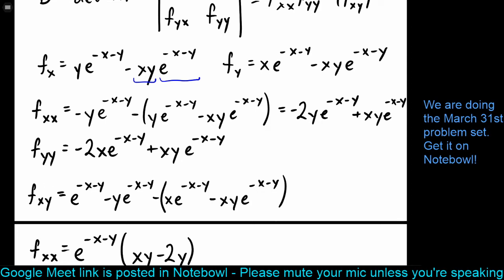Right? Okay. So that's in the exponent, right? There's nothing that'll cancel out with.